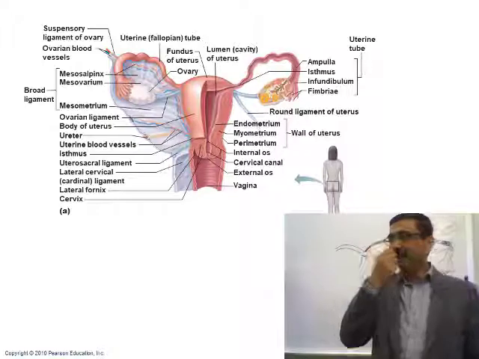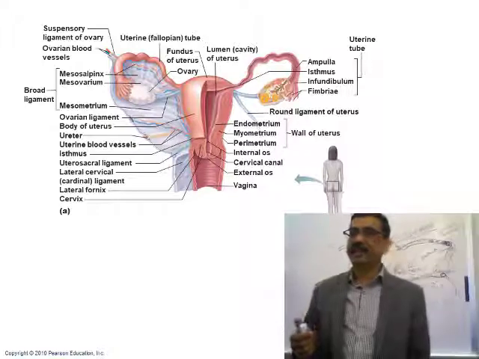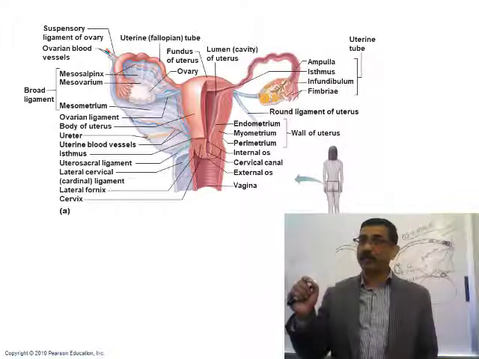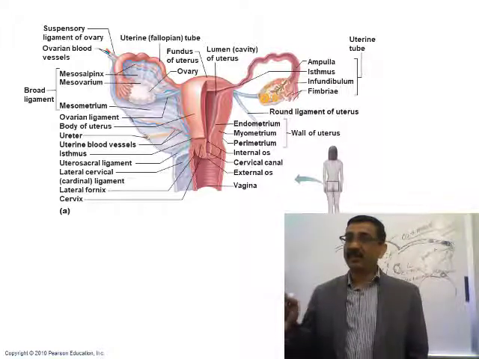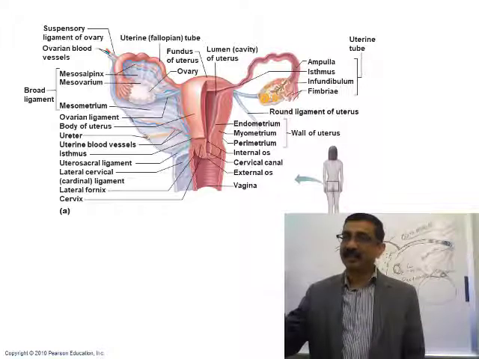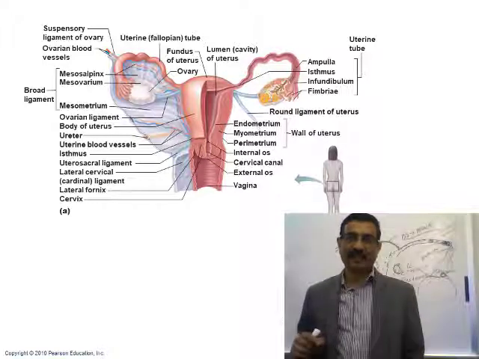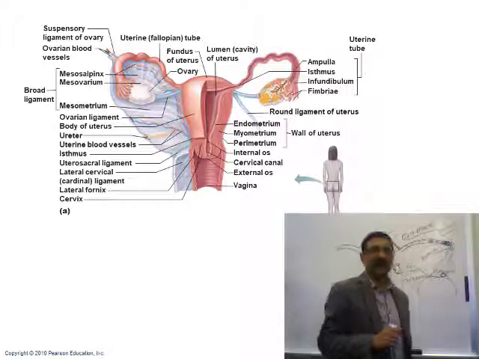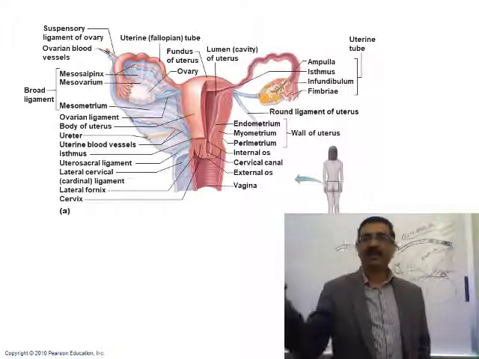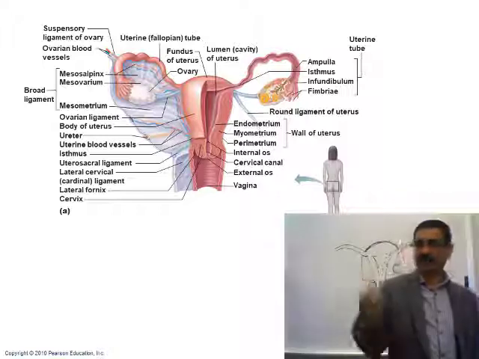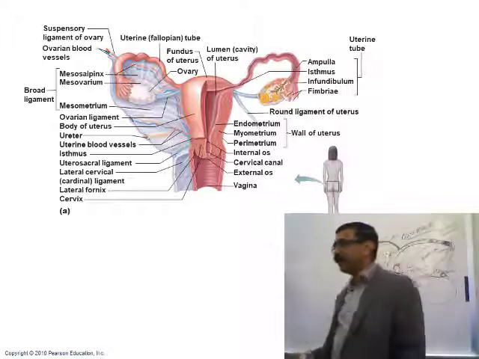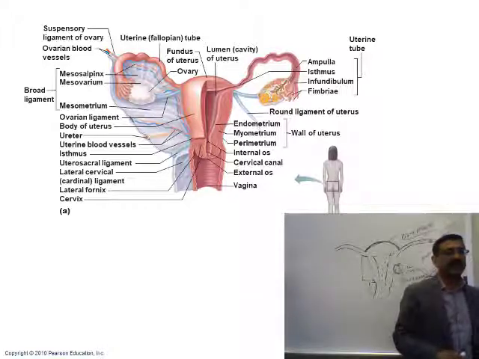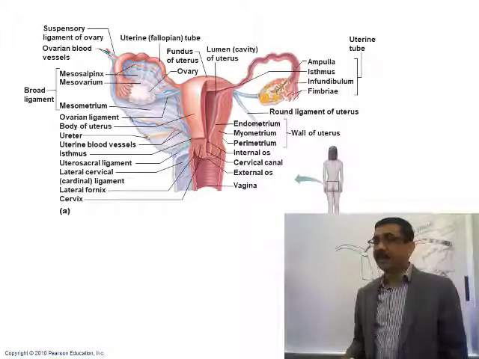The innermost layer, the most important layer because the fertilized egg comes and sticks in it, is called the endometrium. So all are metrium: peri, myo, and endo. Endo is inside.